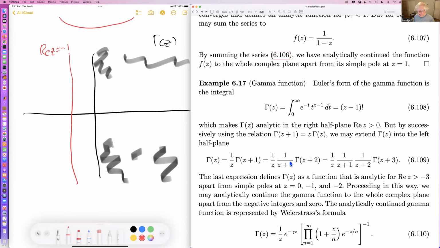So then we re-express it as 1 over z plus 1 gamma of z plus 2. Well, then we've gone as far here as real z equal to -2 and so forth. And then eventually we go to -3 and so forth.